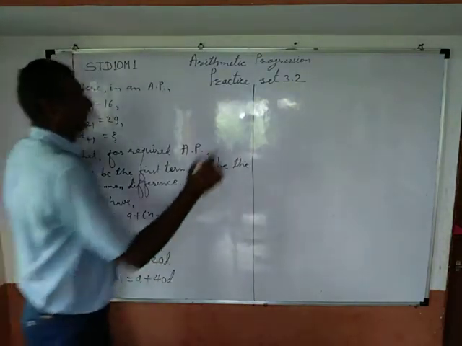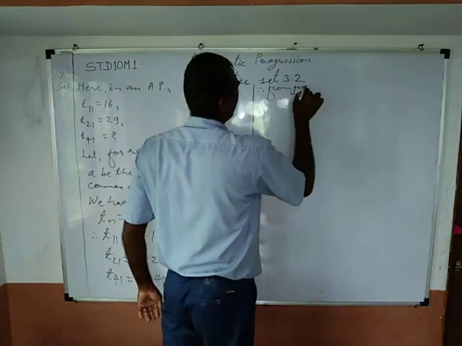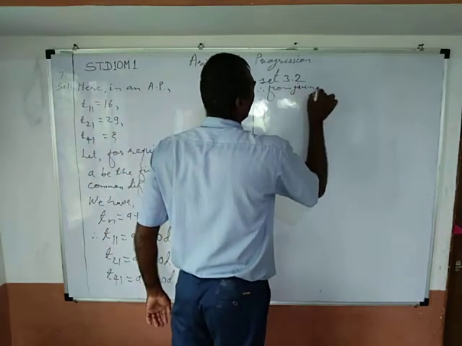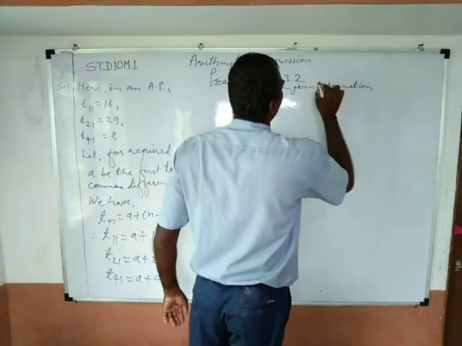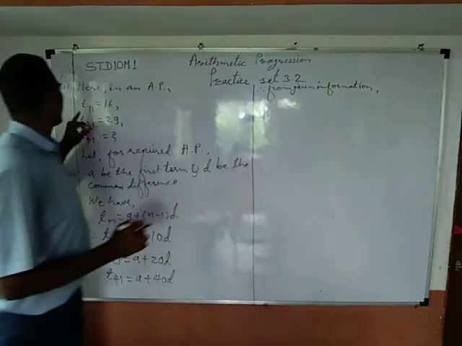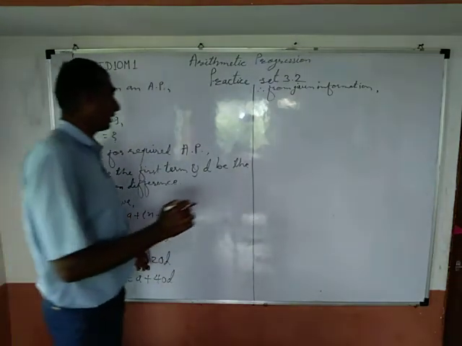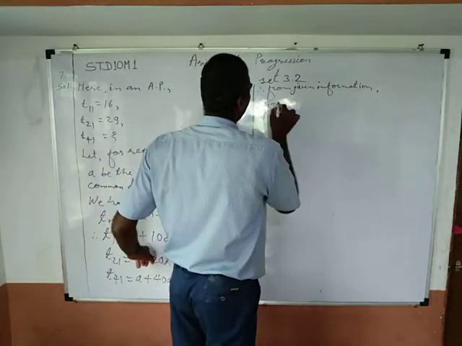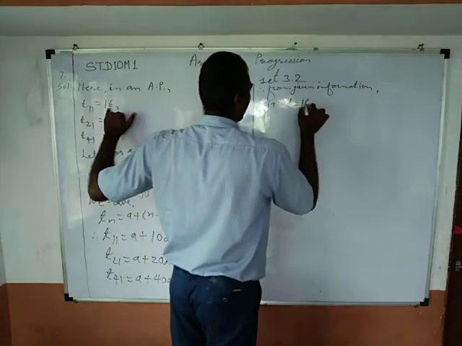Okay, and therefore from the given information, as T11 is 16 and T11 is A plus 10D, we can write A plus 10D equals 16.